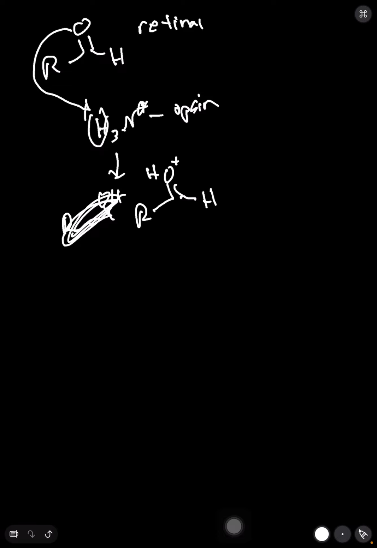So once you protonate that oxygen, it's got 3 bonds, right? Which gives it a positive charge. That makes that carbonyl carbon really super duper sensitive to nucleophilic attack. And that's what the amino group in opsin can do.